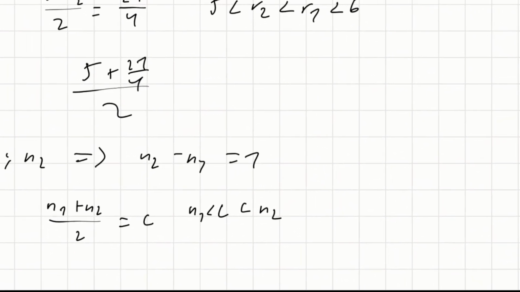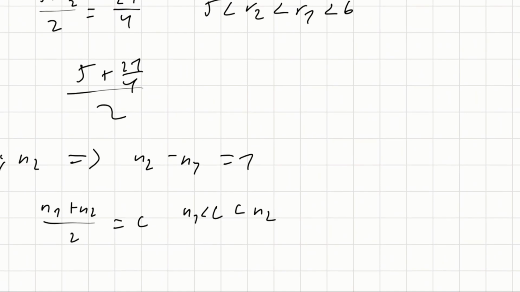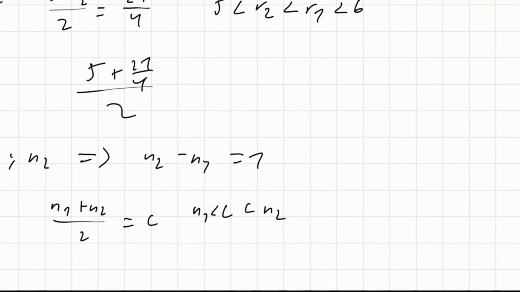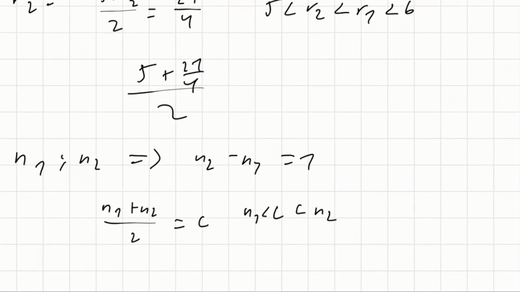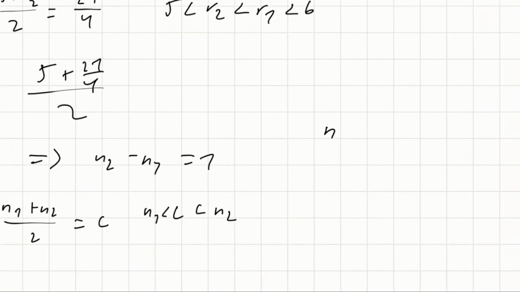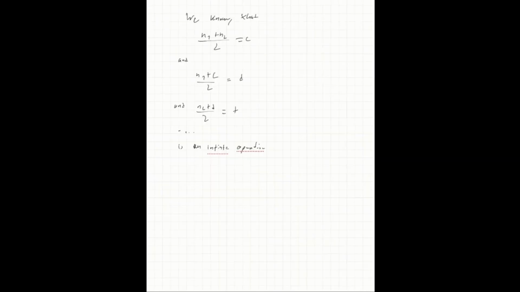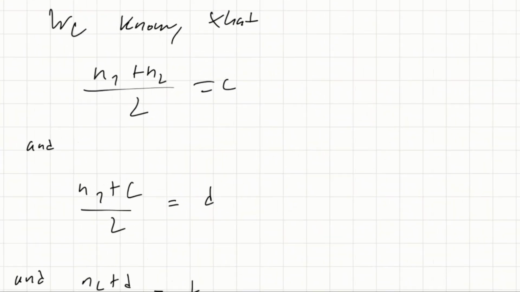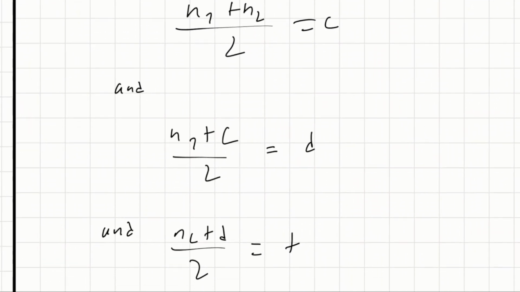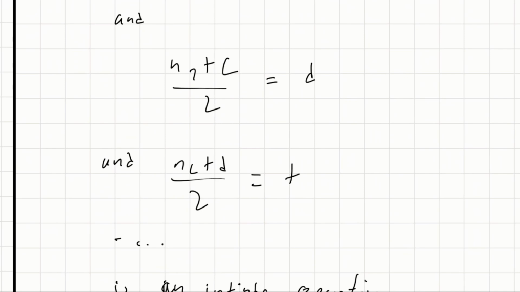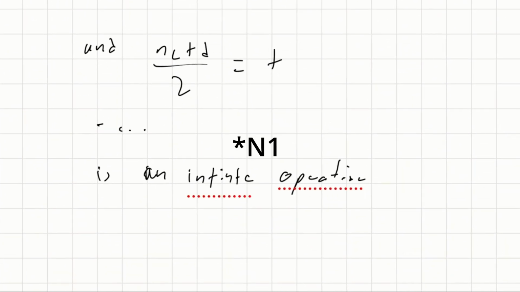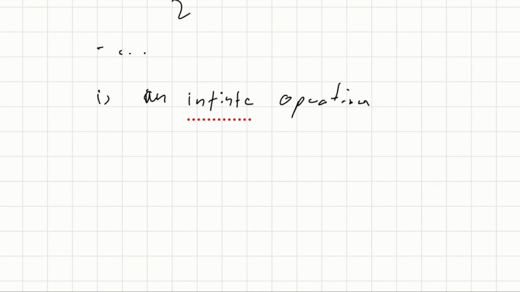The proof behind this is that it is an infinite operation. You could do n1 plus c divided by 2 and so on. So n1 plus n2 divided by 2 is equal to c, n1 plus c divided by 2 equals d, and n2 plus d divided by 2 gives us f. It is an infinite operation.